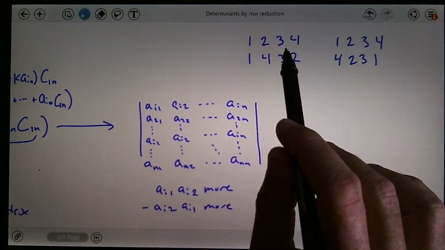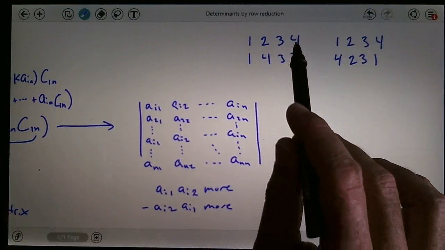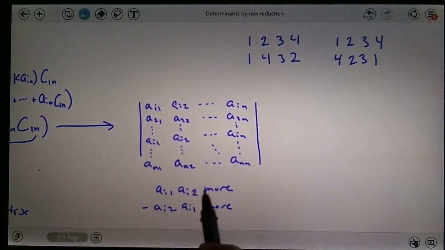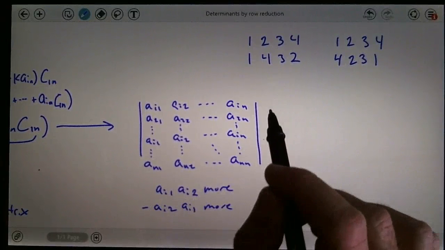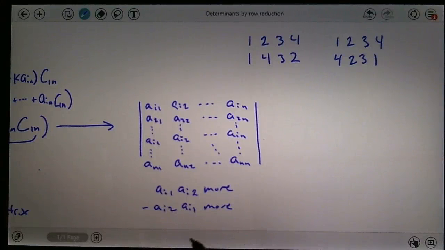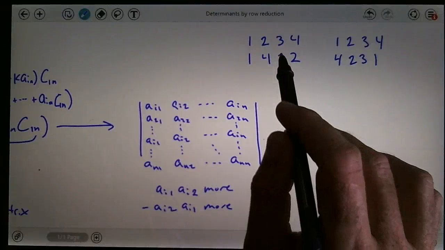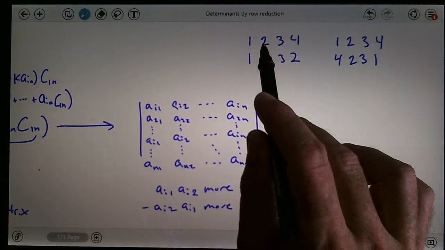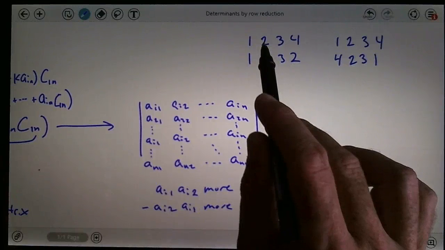But if I swap two of them, like here, all this stuff is the same, but these two have just been swapped in their positions, then I claim that you change the sign that goes out in front, right? By putting the 4 in front of the 3, you've made one inversion.